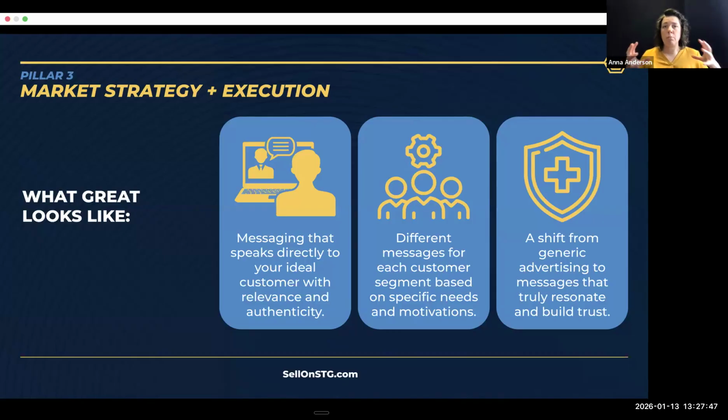Having a universal messaging document that says, here's our personas, here's what their pain points are, and here's our communication plan, that's essential to make sure that all of your marketing partners are driving forward in the same lane. They're talking to the same customers, and there is a significant shift in consistency.